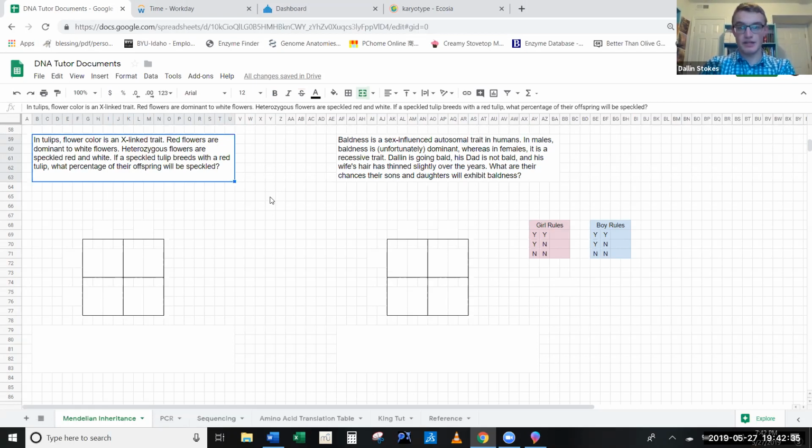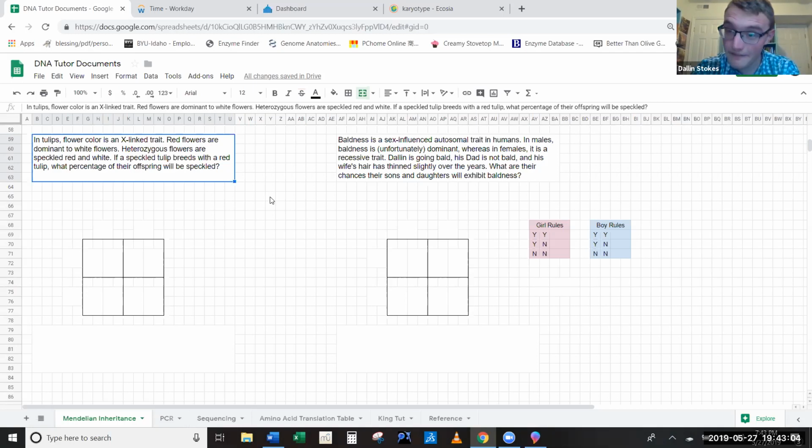Okay, this one is an example that is very much like problem 2 on your sex-linked paper. And it's kind of an interestingly done question because, in order to answer the question properly, there's information for next week, and we'll give you that info next week. So for this week, we're telling you that heterozygous flowers are speckled red and white.